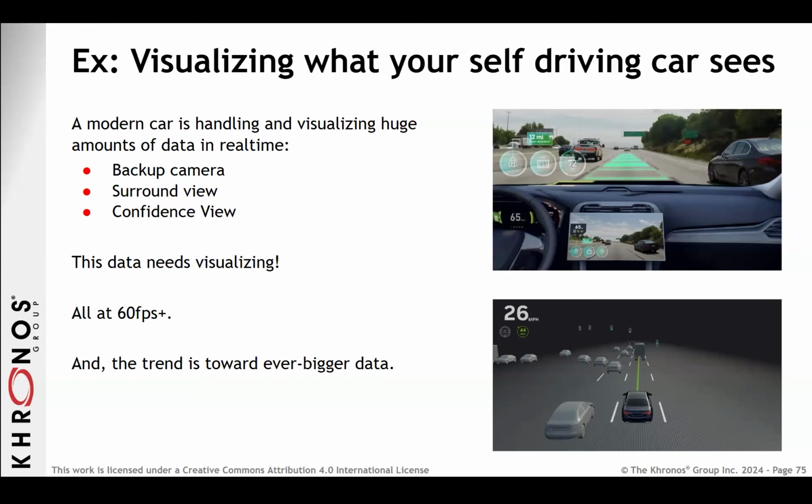This ranges from your traditional backup camera and your surround view, where the cameras are stitched together to provide a top-down or 360-degree view of potential obstacles, to parking assistants that scan the vehicle surroundings to find available parking spaces, to confidence views, where everything that the AI perceives in terms of driving lanes, traffic lights, and surrounding vehicles needs to be visualized in real time at 60 frames per second.